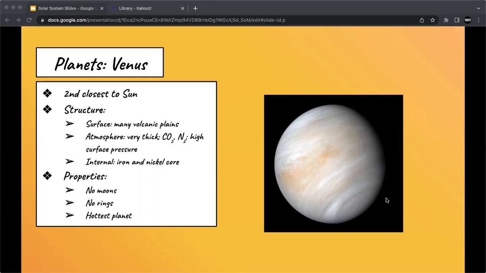Venus, like Mercury, has no moons and no rings. It's the hottest planet despite not being the closest to the sun. All its heat is from its thick atmosphere with all the greenhouse gases, which traps a lot of heat.